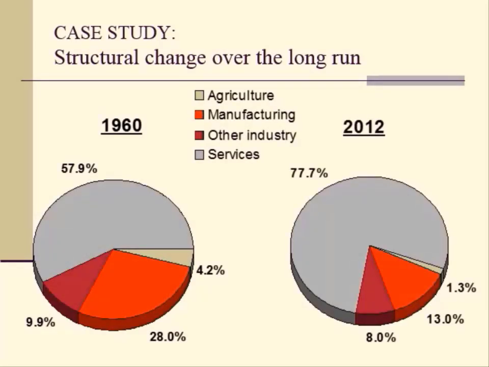These pie charts depict industry shares in the US GDP in 1960 versus 2012. Here, other industries include construction, mining, electricity, water, and gas. From 1960 to 2012, there are huge changes in all four sector categories.